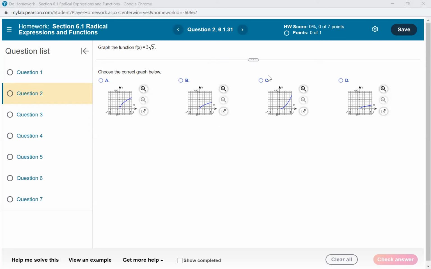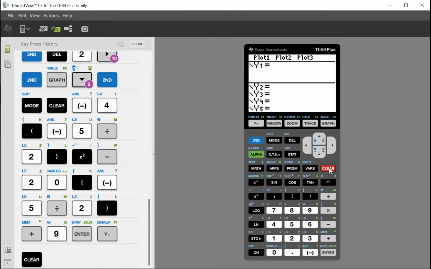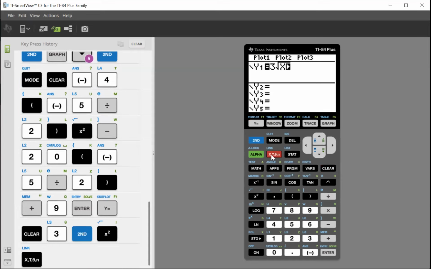All righty, y'all. So on these, let's see. I would go to my calculator. I'll show y'all how to graph these. So I'm going to go to y equals and clear that out. So this was 3 square root of x. So I'm going to hit my 3, then second x squared to get the radical and throw my x underneath.